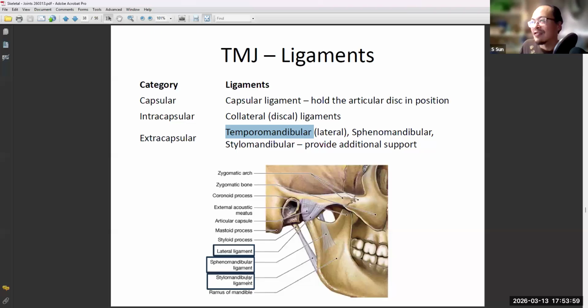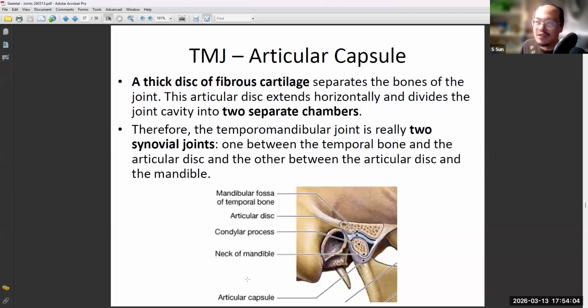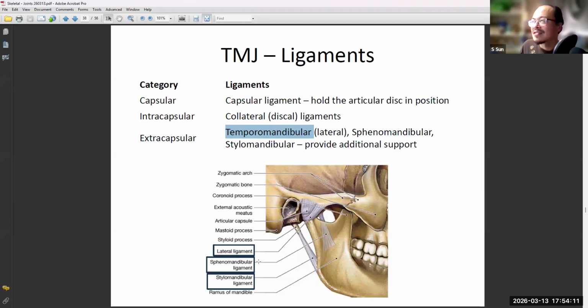So these three are the extracapsular ligaments, and the lateral one is the strongest. All these pictures are good resources for labeling. So that's the ligaments. We kind of layer and layer, putting it back together.